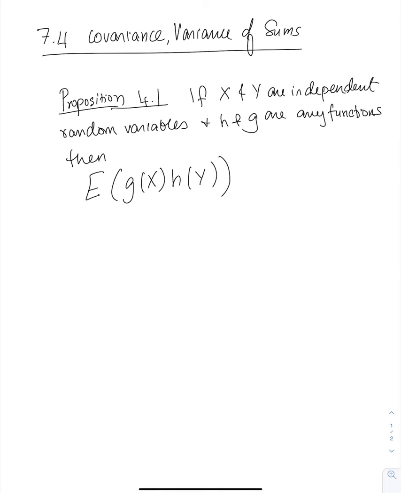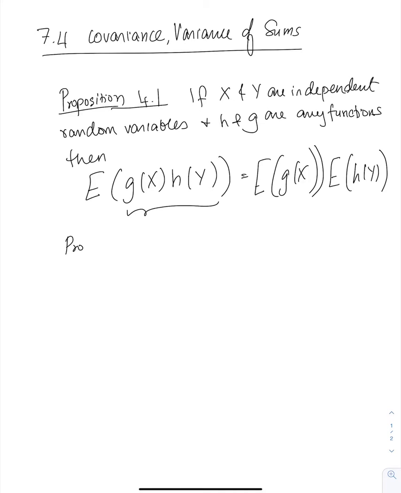The function that you have is a product of a function of X and a function of Y. So in this case, what will be the expectation? This turns out to be just the expectation of g of X times the expectation of h of Y. Okay? So let's see how that goes.